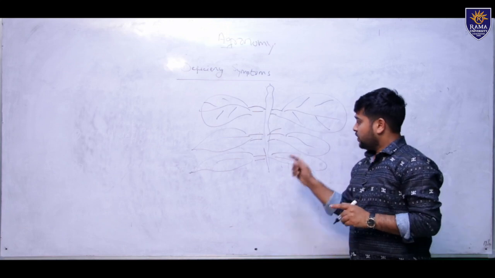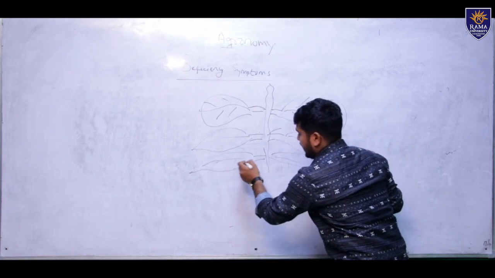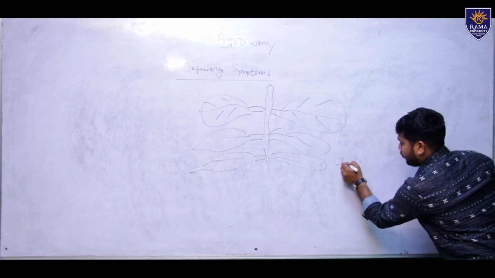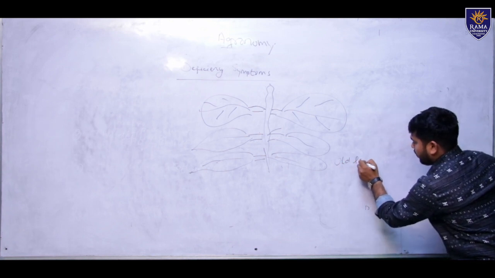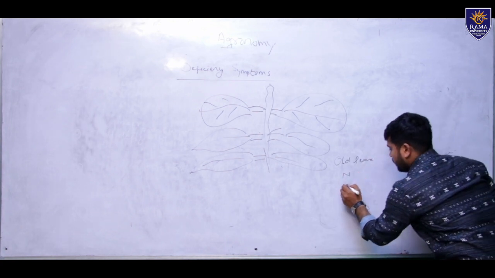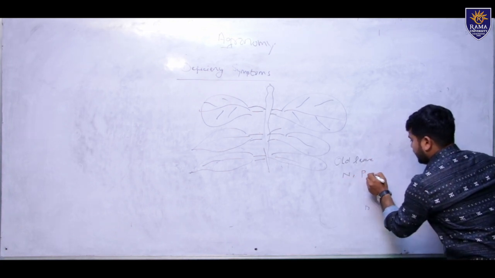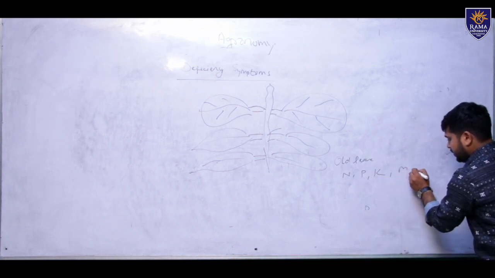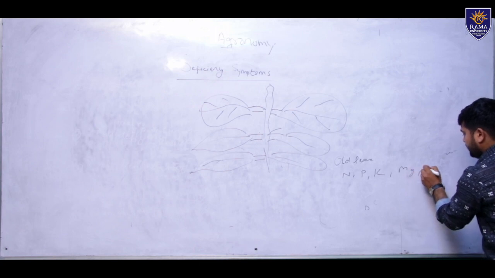Old leaves. What are the deficiencies at old leaves? NPK: nitrogen, phosphorus, and potash, magnesium, and molybdenum. Okay.